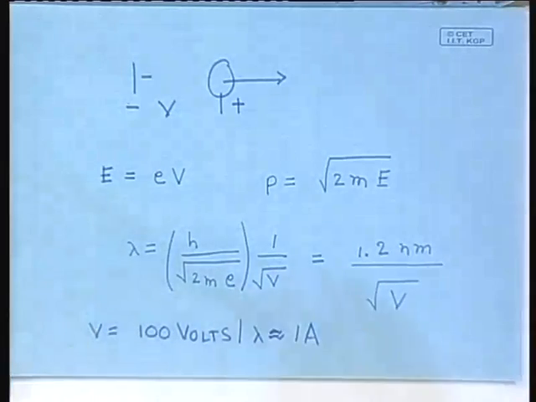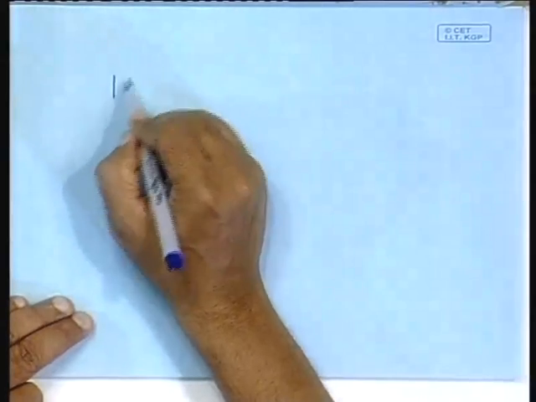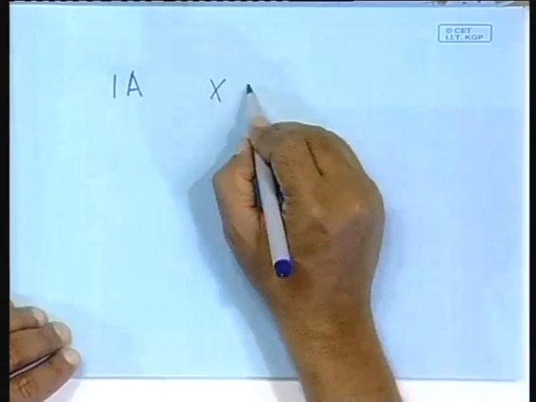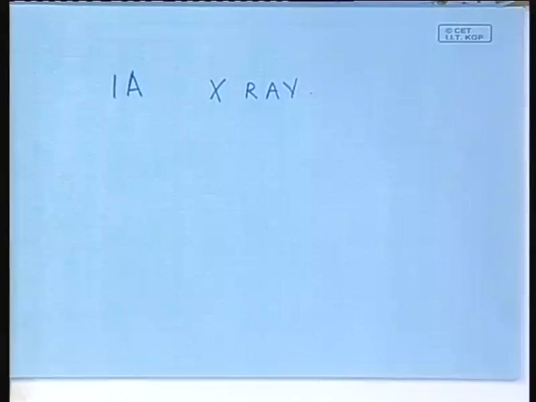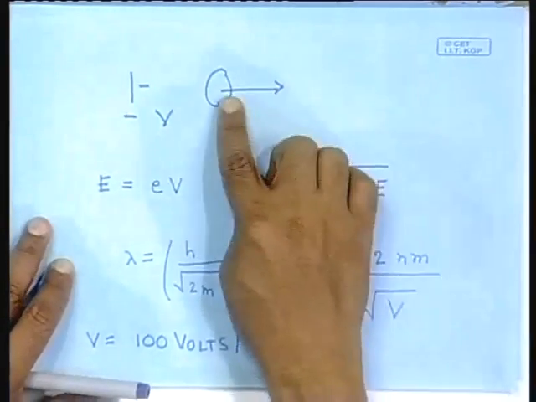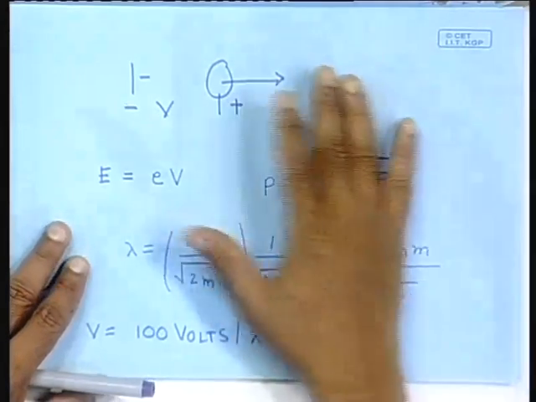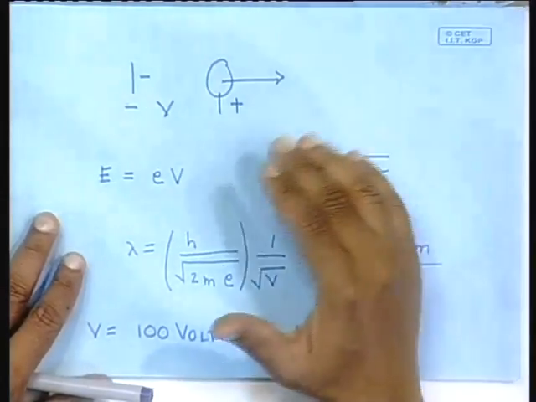Now, if you compare this to electromagnetic radiation, of the order of 1 angstrom is what you have where you have X-rays. And if you want to verify whether the electron that comes out actually has wave properties or not, you have to look for some phenomena which is exclusive to waves.